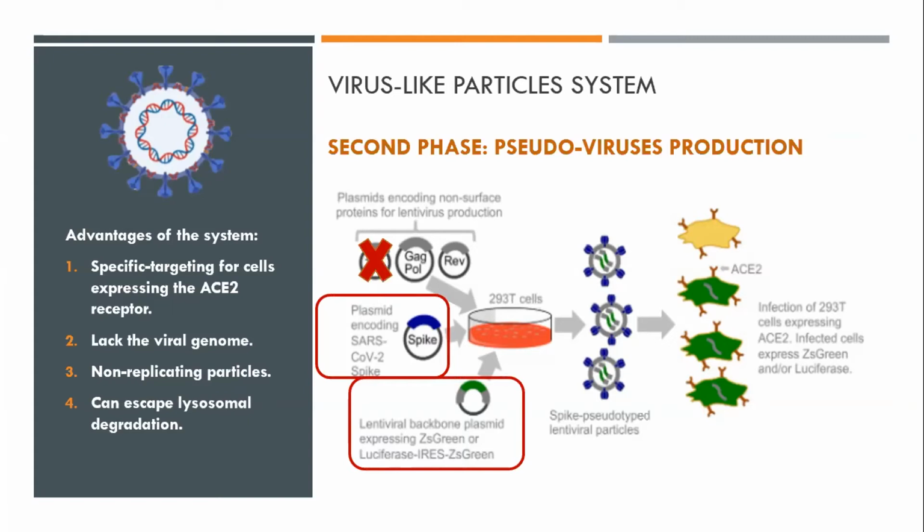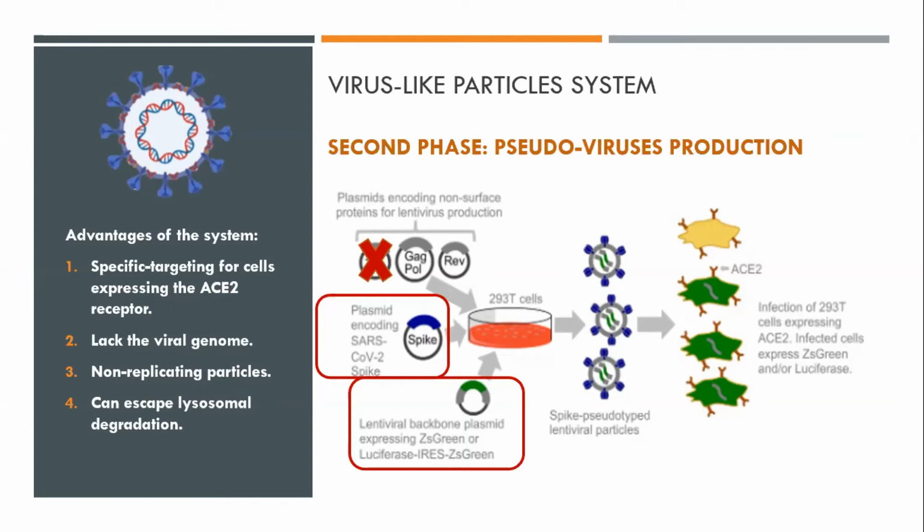We target that these pseudoviruses will be able to target only the cells showing ACE2, and we will have a part for luciferase or GFP, like any reporter gene, in order to mark that the cells were truly infected.